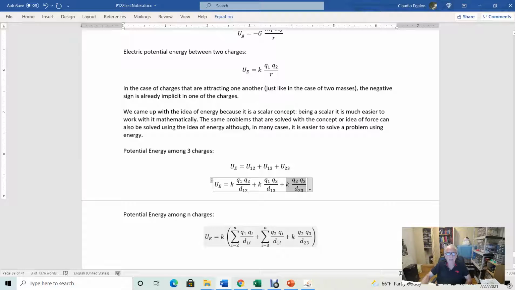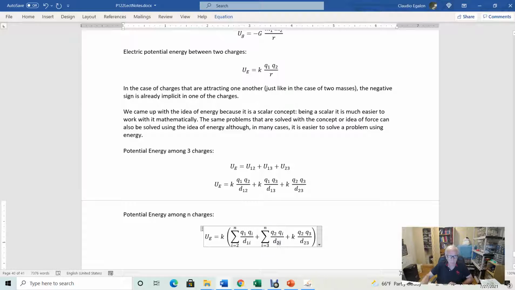You had only three possible summation terms, but this one is going to have more because we have n electric charges. And here it's not going to be D1 but D2.